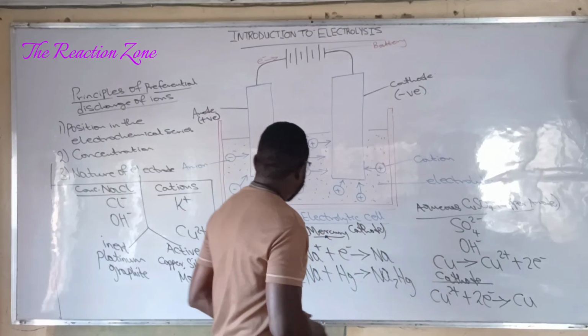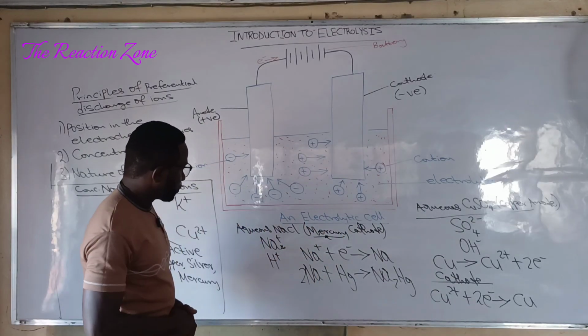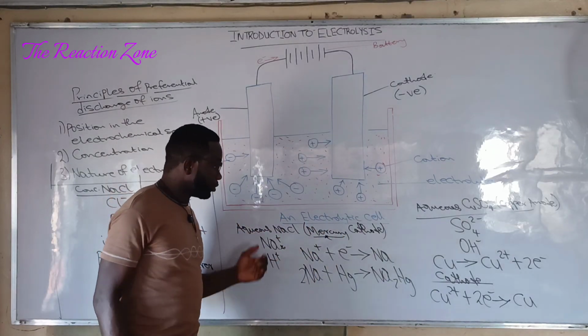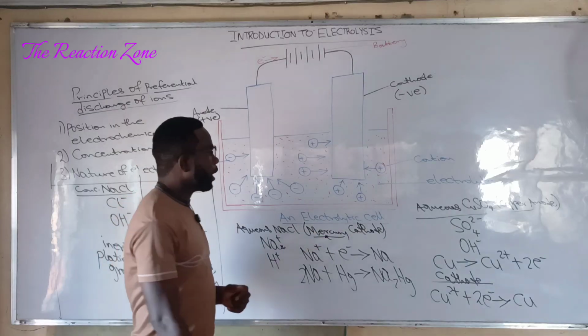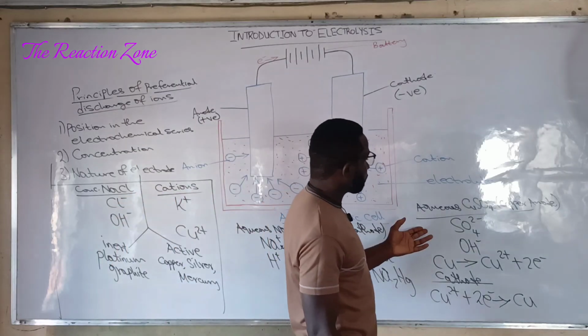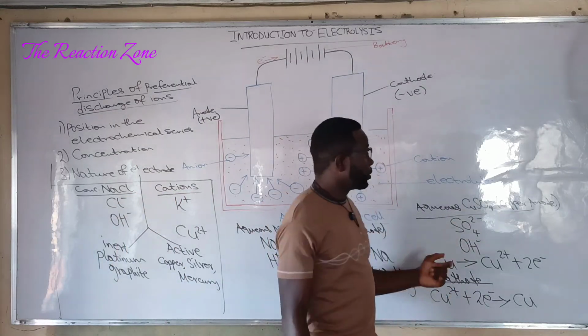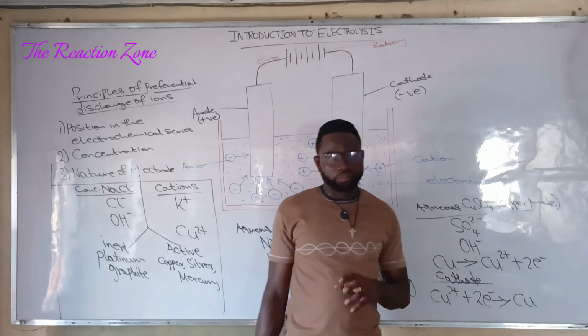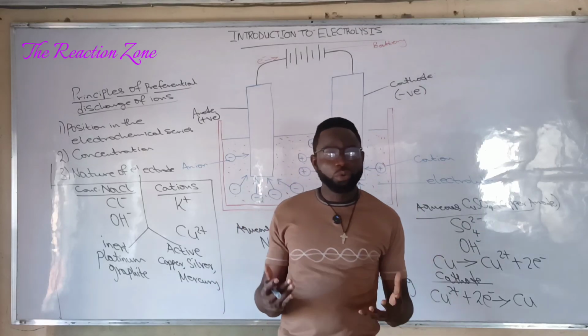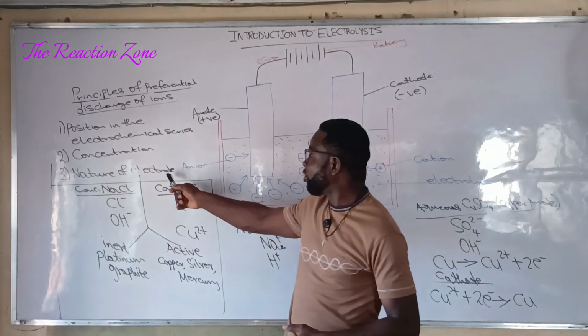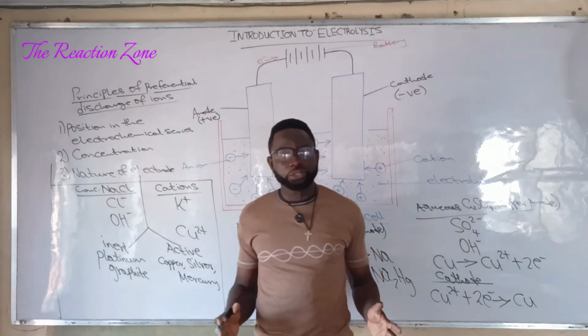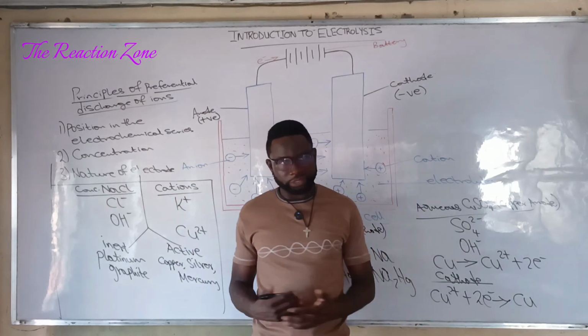So, these 2 examples, electrolysis of aqueous NaCl using mercury as the cathode, and the electrolysis of aqueous CuSO4 using copper as the anode, are 2 examples that show us that the nature of the electrode influences what is deposited during electrolysis.